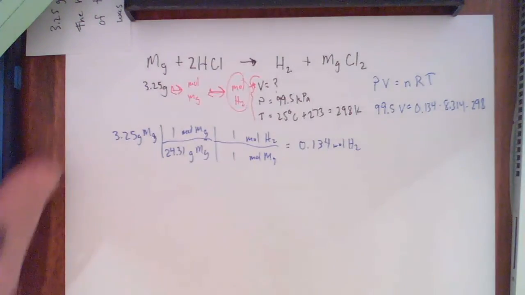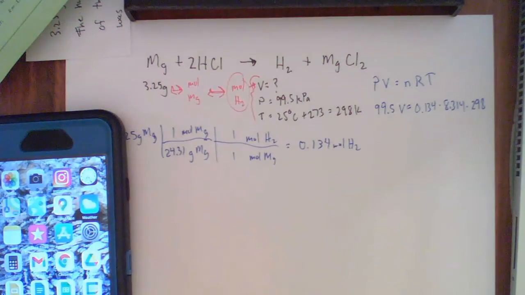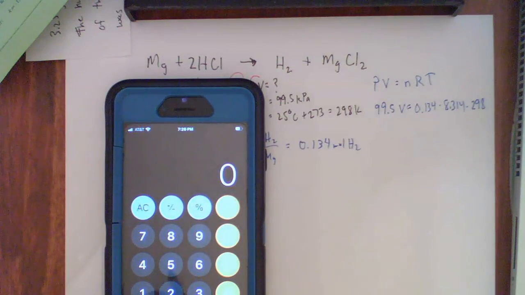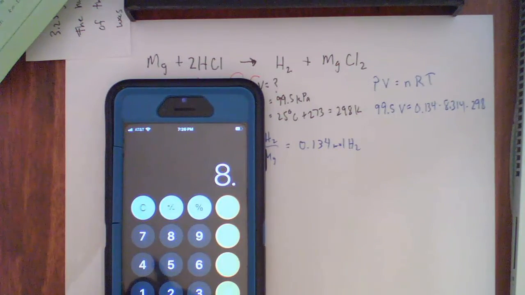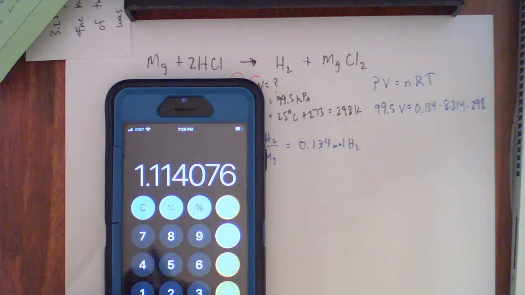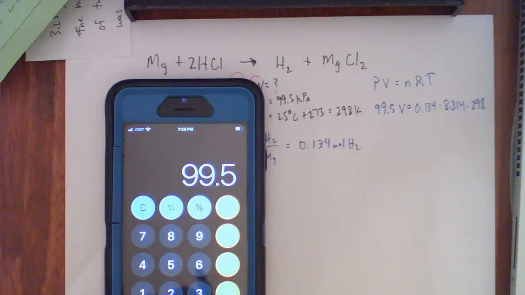Okay, and so now we'll just go through and let's go back here and do our algebra. So 0.134 times 8.314 times 298 divided by 99.5.